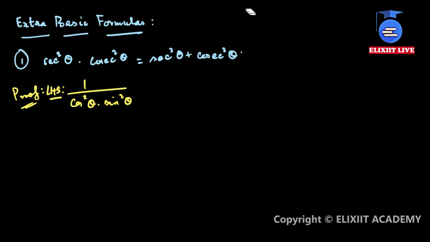How will we do it from the left hand side? We'll break in such a manner. In the numerator we have 1. Understand this part. We will write this 1 as sine squared theta plus cos squared theta. Now see, this is the most important part in higher standard mathematics, in 11th, 12th level mathematics.